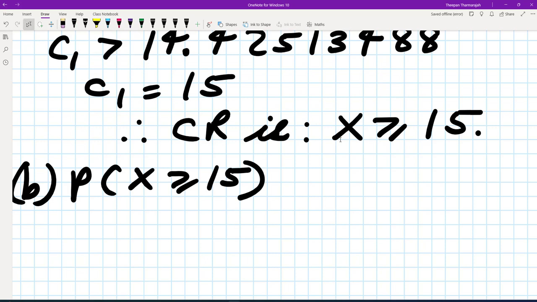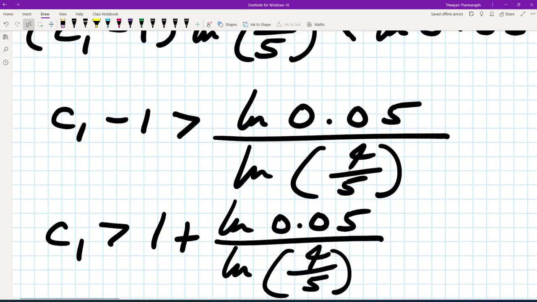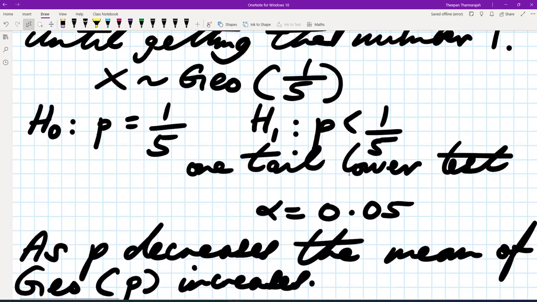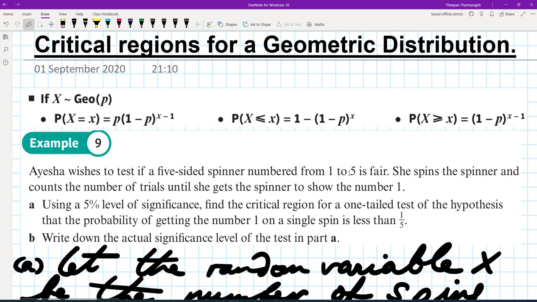So that's an example of what we do here. It's called the probability of a type 1 error. So we can use our formula. You can also just calculate that directly from the calculator using a geometric distribution, but just for some people who may not have the CG50, they can learn how to do it.